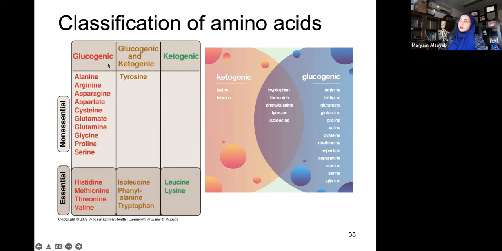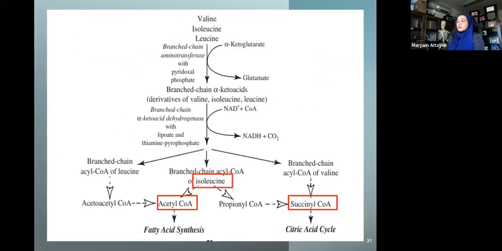It's much easier to exclude that way. So ketogenic is leucine, lysine. Both glucogenic and ketogenic is, they don't fit. The F is for pH, so phenylalanine, isoleucine, tryptophan, tyrosine, which is this number.